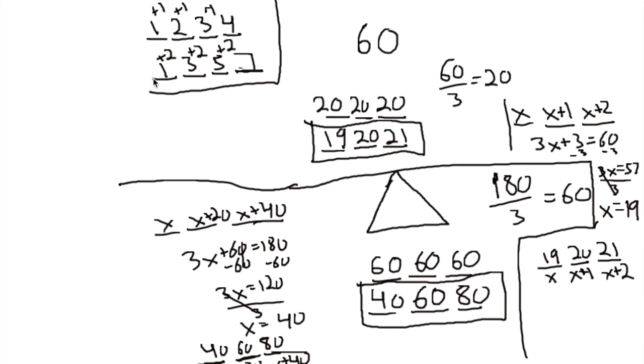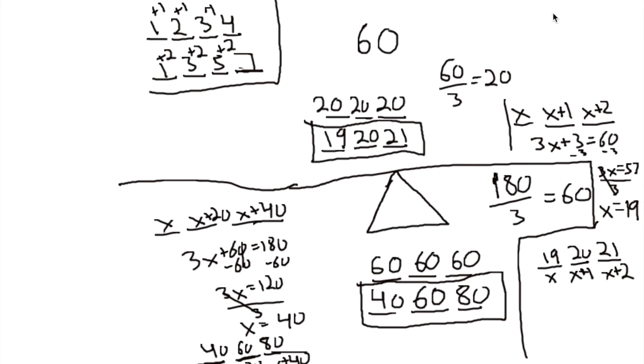Down here I've done the same thing, but I'm adding 2 this time. 1 plus 2 is 3. 3 add 2 is 5. 5 add 2 is 7. So it's a series of terms that are evenly spaced, basically. There's a set difference between each of the terms: a difference of 1, a difference of 2, could be a difference of 100, 200, 300.